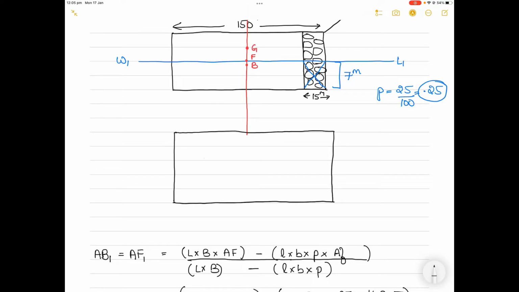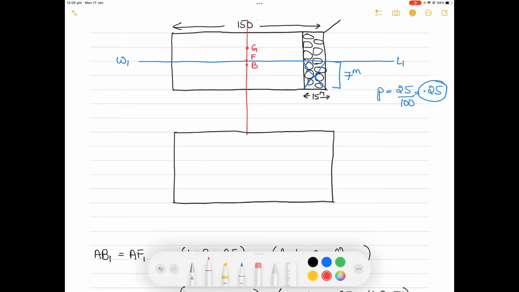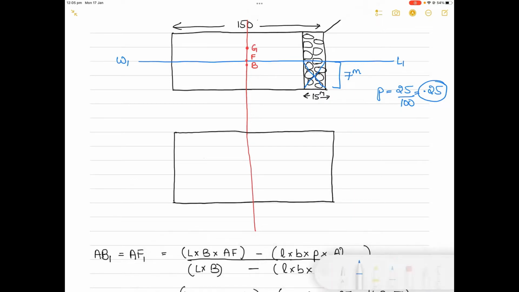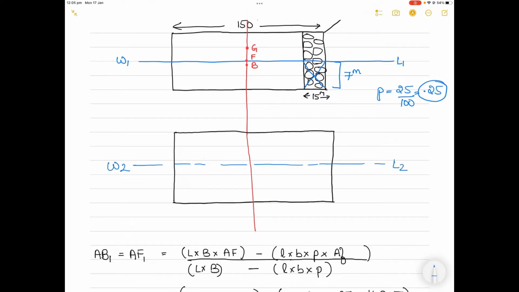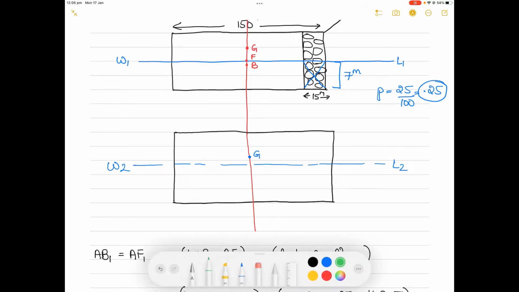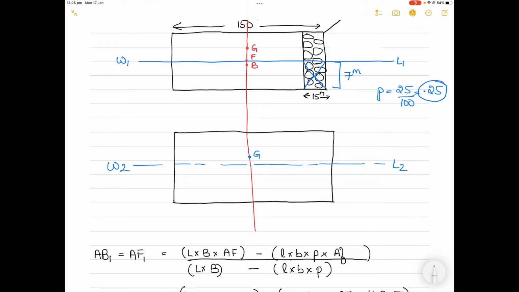All right, and what will happen now is that my midship line is still going through the center, let's say, and the center of gravity still remains the same. However, the new water level after bilging, W2L2, this is the new water level, so the center of gravity still remains where it is, but the center of flotation and center of buoyancy will now change.